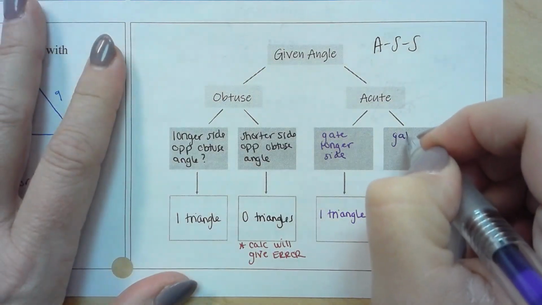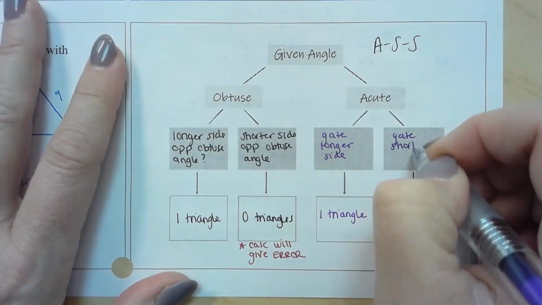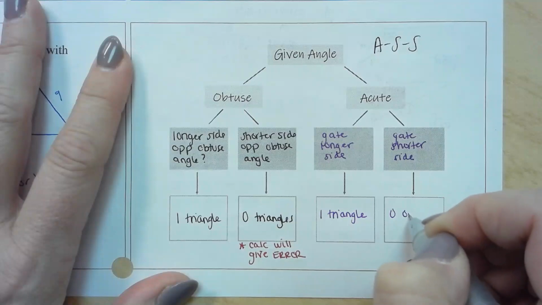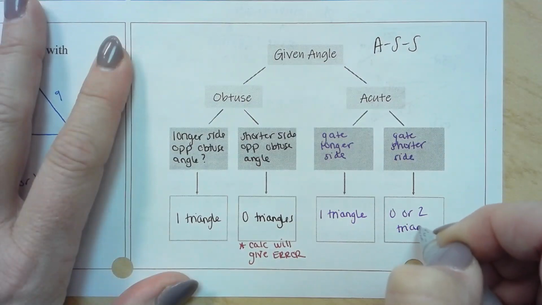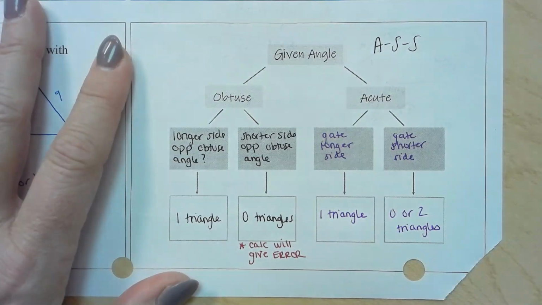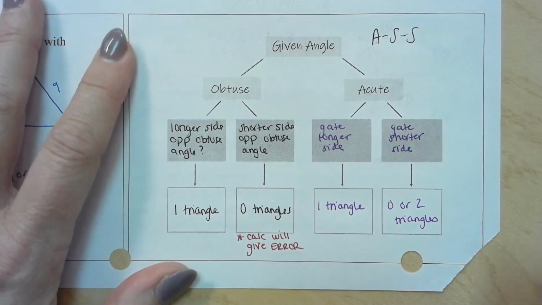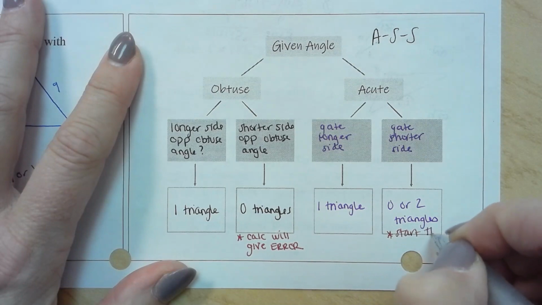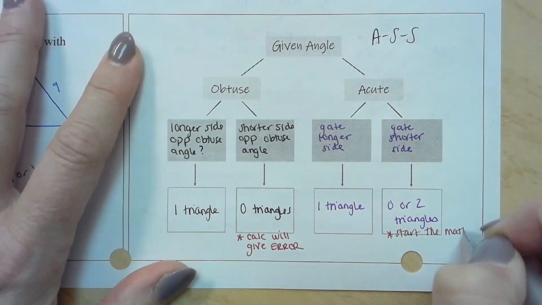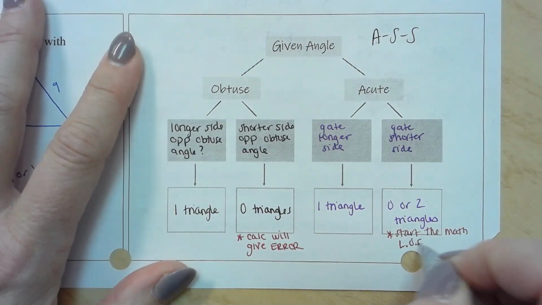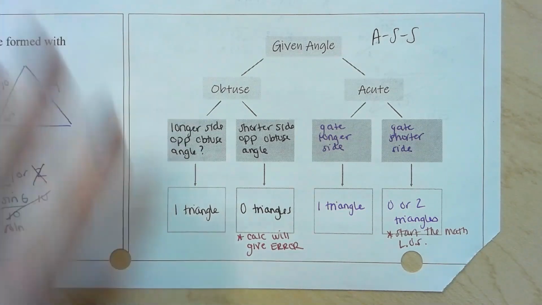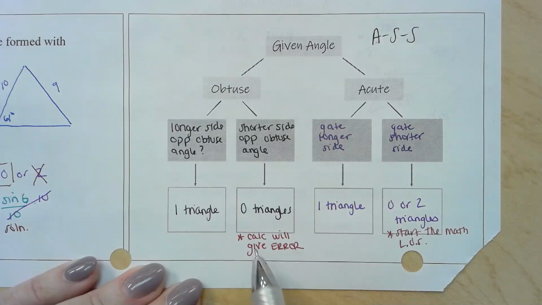If the gate is the shorter of the 2 sides, you either have 0 or 2 triangles. And how are we going to know? You're going to have to do the math. So I'm going to say start the math or do the math. And by math, I mean the law of sines. And see if you get an error, right? If the calculator gives you an error, you have 0 triangles.